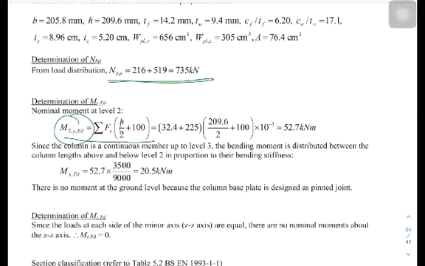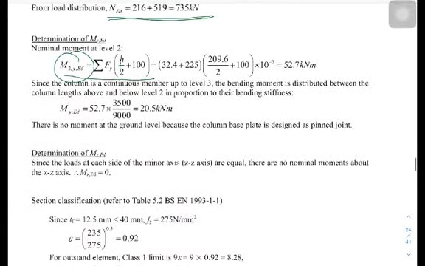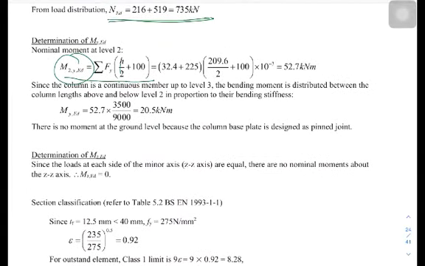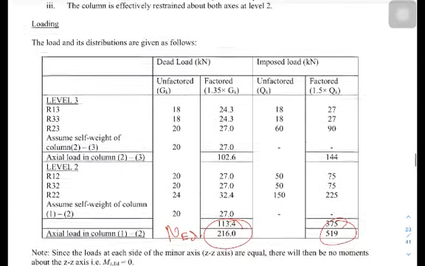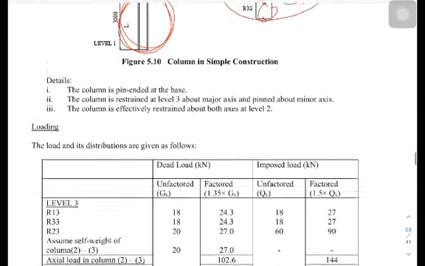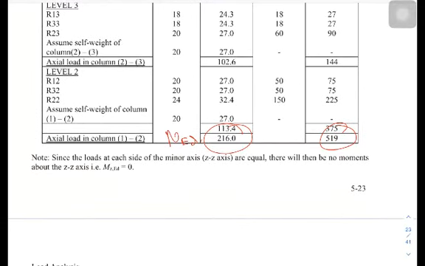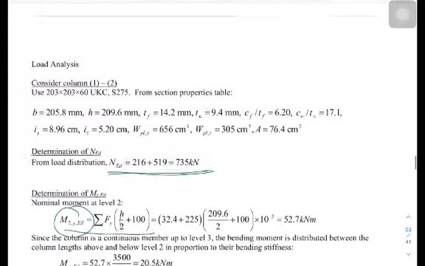I did mention the h over 2, and then you also calculate the value of MZED. In this case, for this particular example, MZED is 0. Why is it 0? Because there is no moment at that particular axis, so MZED is 0.